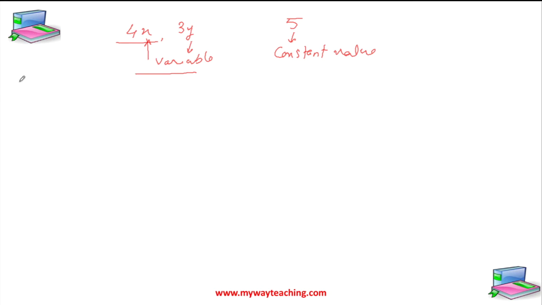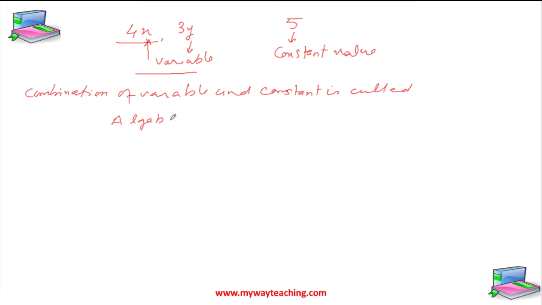So the combination of variable and constant is called algebraic expression.